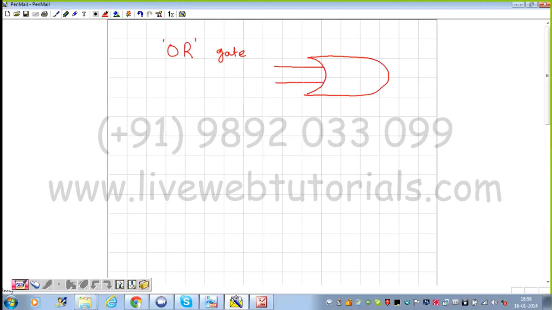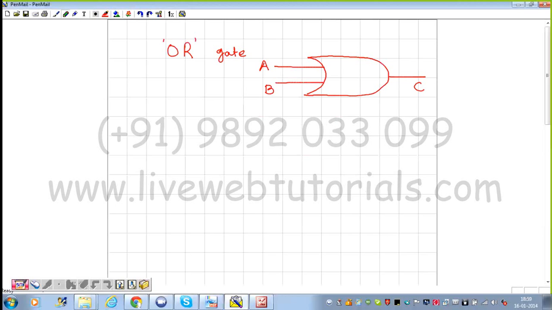These are the inputs. This is your output. The only difference between AND gate and OR gate is this line which is there, that is curved in case of OR gate. In case of AND gate, this line is a straight line.